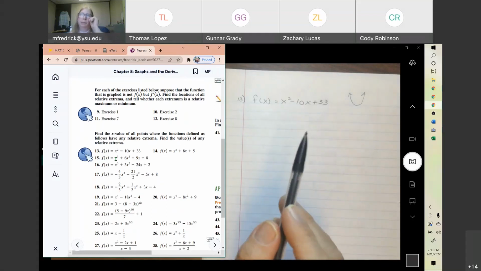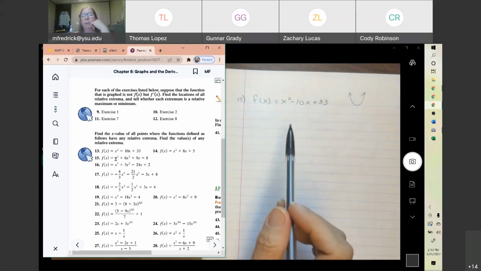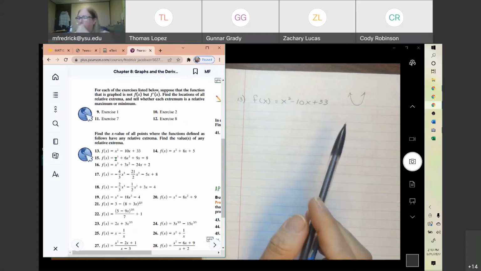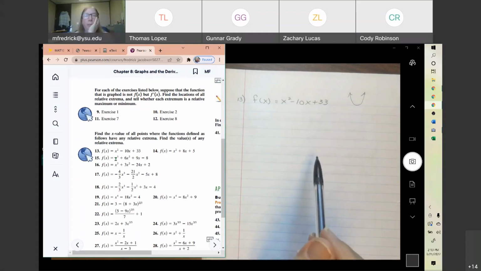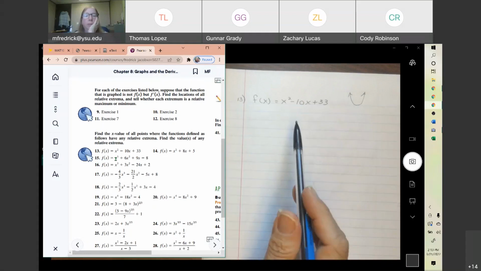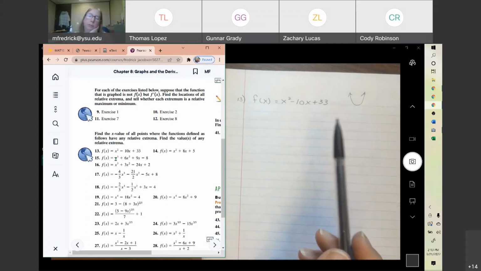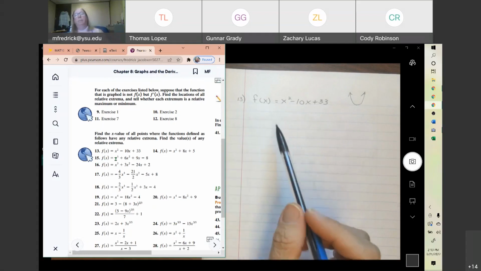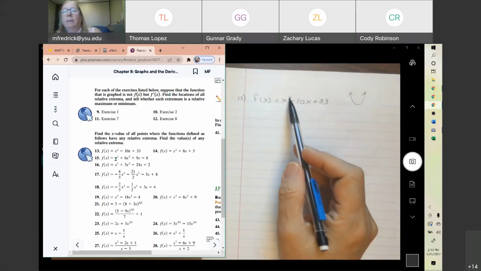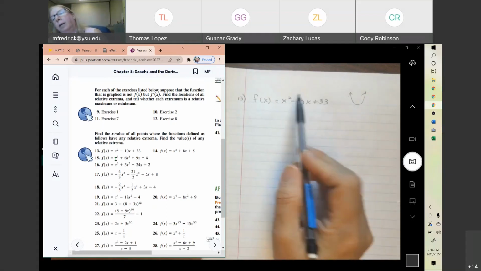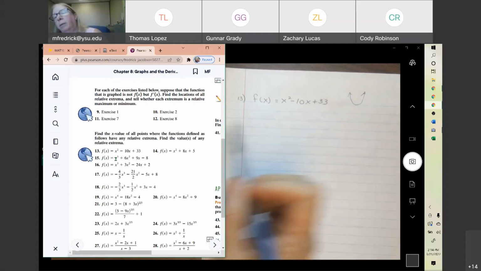Sometimes there are double roots, so if it was a 4, there might be 2 instead of 3, because one could be a double root. But rule of thumb, whatever your degree is minus 1, there should be that many critical numbers.